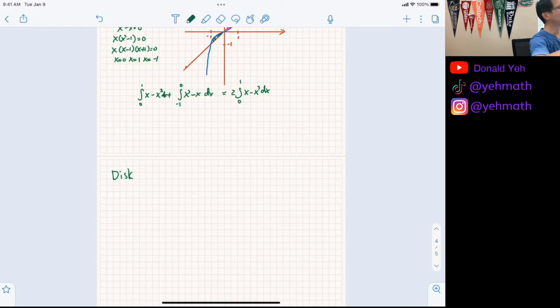If you were to use this method, you have to break it up here, like this part, and then here, because one is a function and one is a horizontal line. So there are two parts with this method. There is a way to avoid it, which is using the shell method. So we are also gonna introduce the shell method.